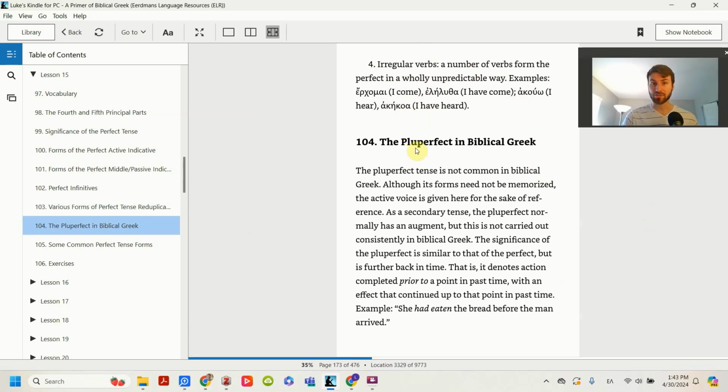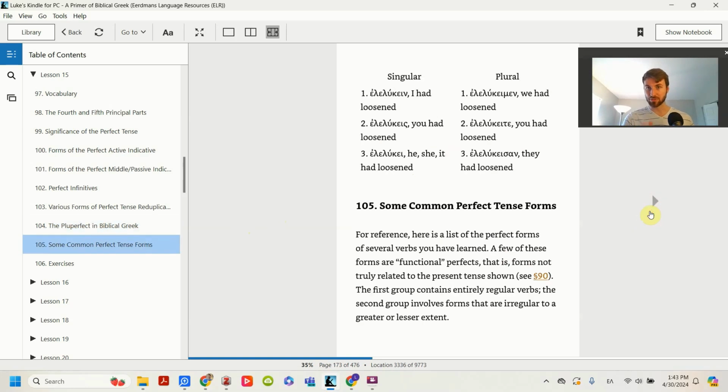Now for the pluperfect. The pluperfect is similar to the perfect, and it's a pretty rare tense, actually. So that's why it's kind of just tacked in at the end of this chapter. So it also has the reduplication, but it adds an augment, because we're pushing it into the past. And then rather than ka, it adds kei, that is kappa, epsilon, iota, tense formative throughout.